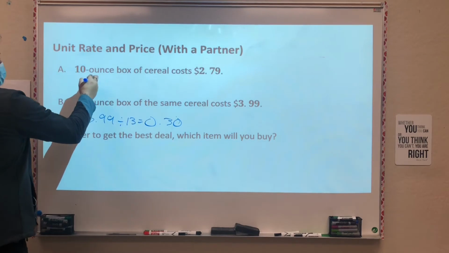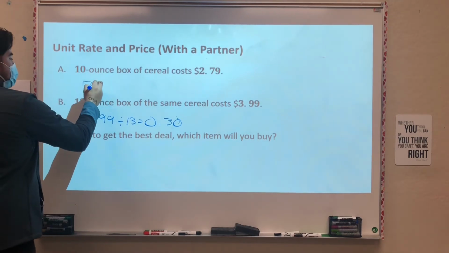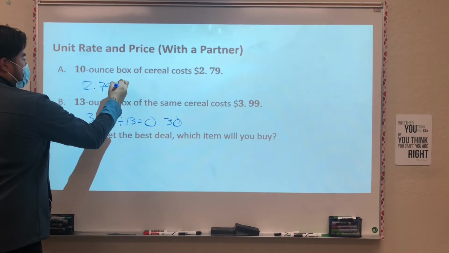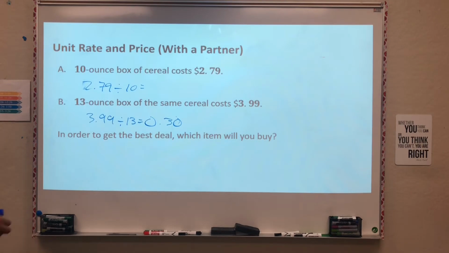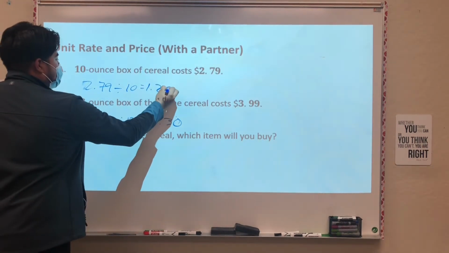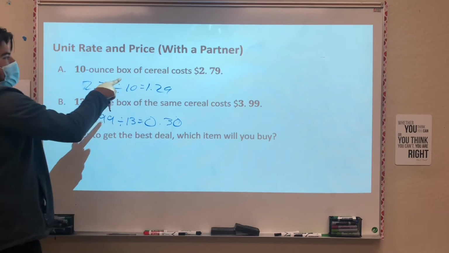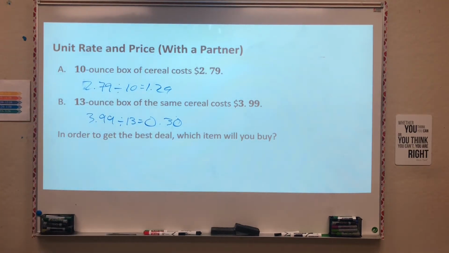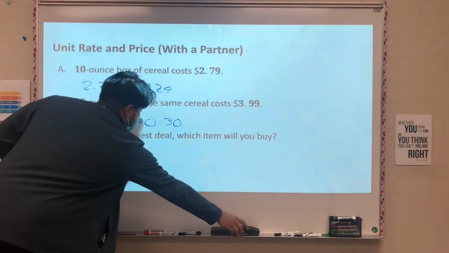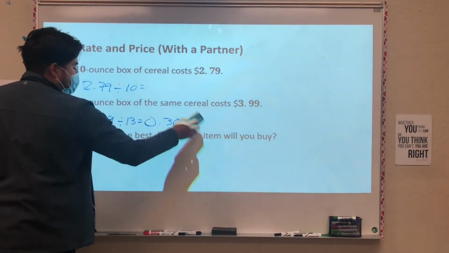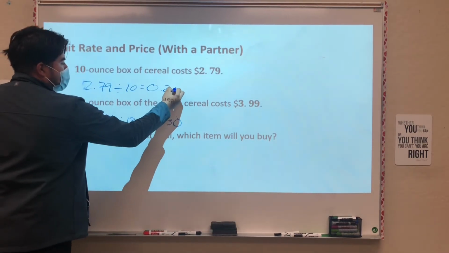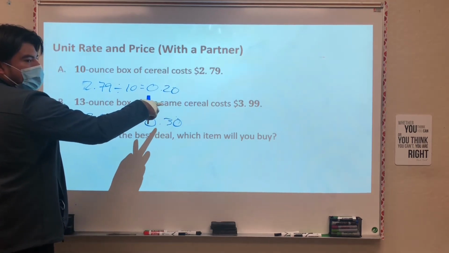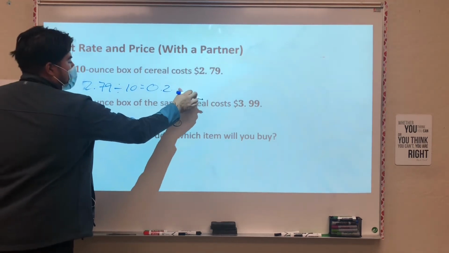And this one is 1.29. So I think this one's a better deal. Okay. Will you check that division again? The 0.279. How much? What is it? 0.279. There you go. Maybe you had one of the previous numbers.